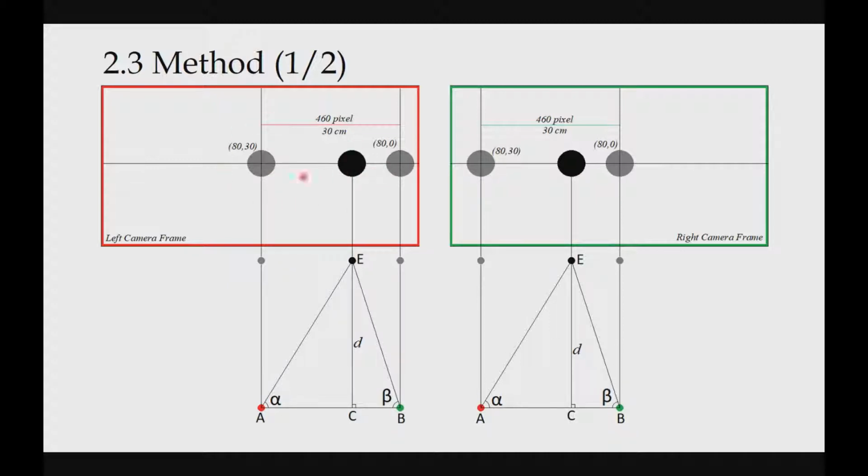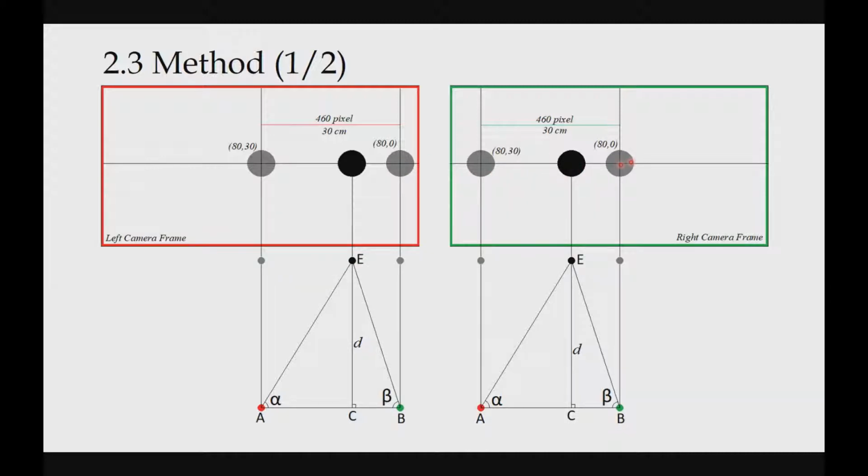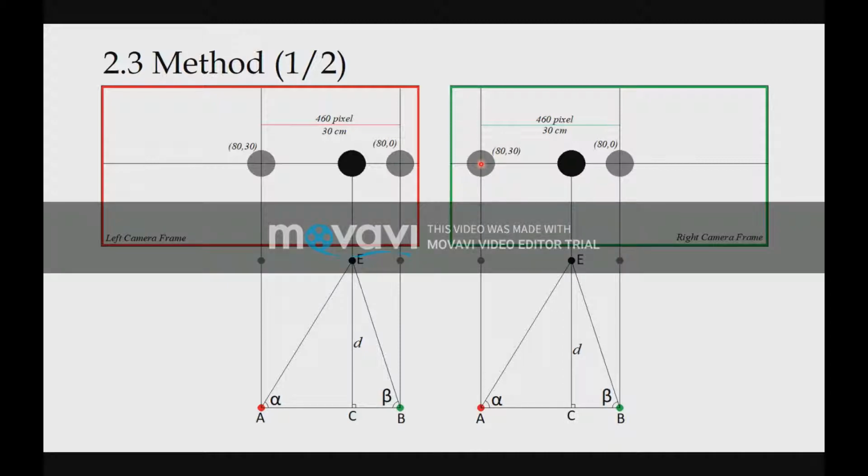Seen from the left camera, at position 80,30, the target will appear exactly at the center of the frame, and at position 80,0, the target will appear at the rightmost end of the frame. Similarly, seen from the right camera, at position 80,0, the target will appear exactly at the center of the frame, and at position 80,30, the target will appear at the leftmost end of the frame.